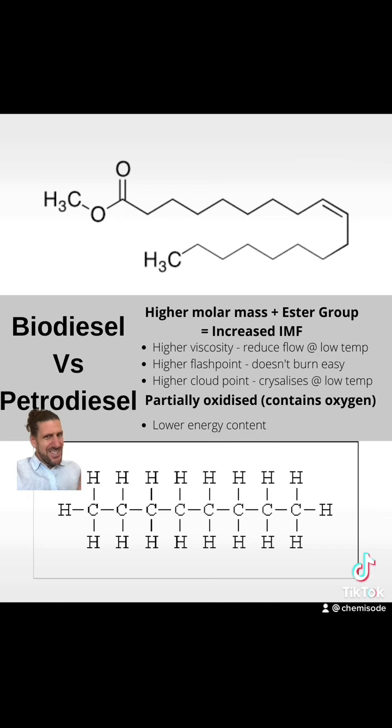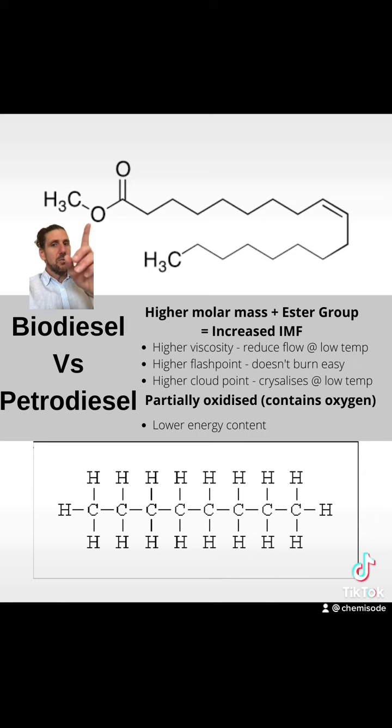To understand this, we need to come back to where the energy comes from. Energy in chemistry comes from the breaking of bonds and the forming of new bonds. In this case, we're doing oxidation, breaking bonds between carbon and adding oxygen to our fuel. Biodiesel up here already contains some oxygen, which means it's already partially oxidized.